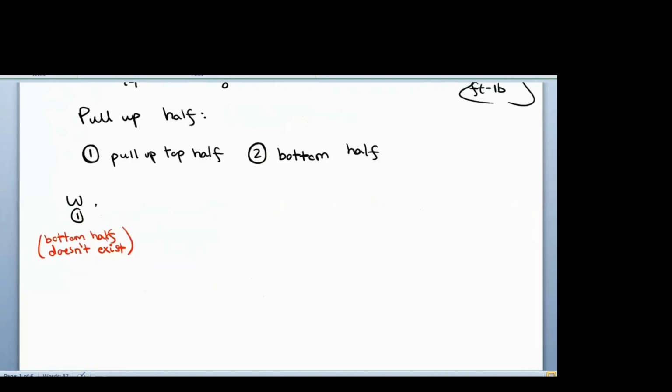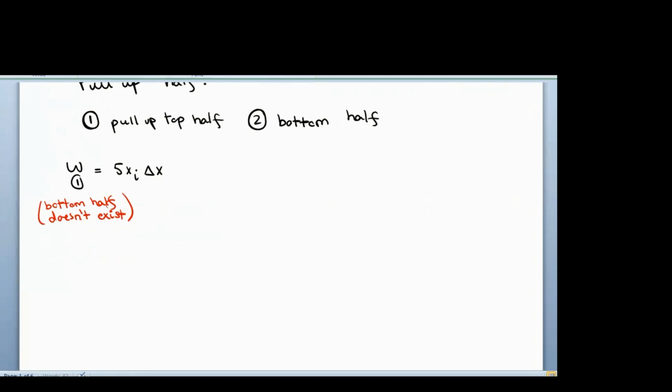So my work here is still 5xi delta x, because it should have been just the exact same thing I did at the beginning. But that isn't all the work. Why? By doing this, I've just pretended that the bottom half doesn't even exist.